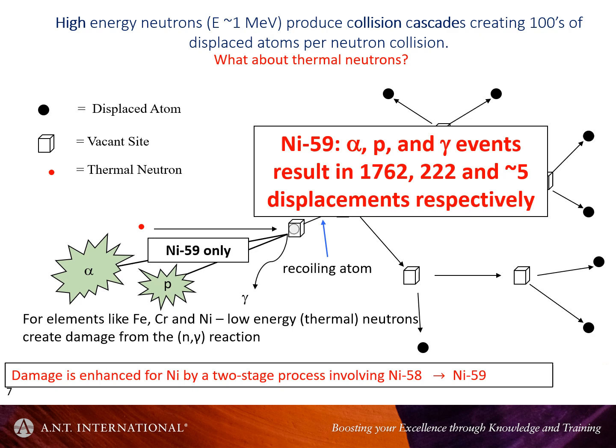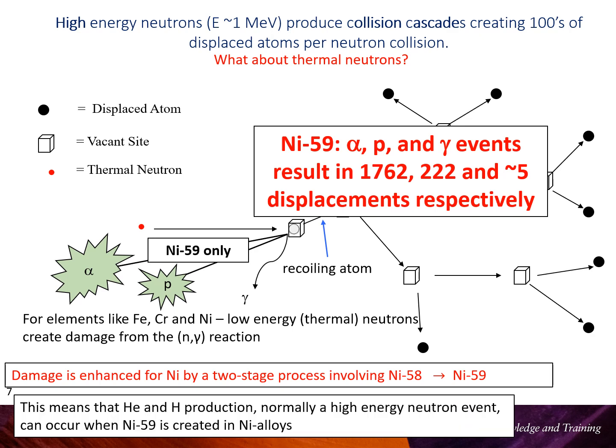So if you have a high thermal neutron flux, you're going to get nickel-59 produced, but then you're going to get lots of reactions with nickel-59 itself, and some of these reactions produce alpha particles, which is helium, and that then leads to enhanced swelling and helium embrittlement.